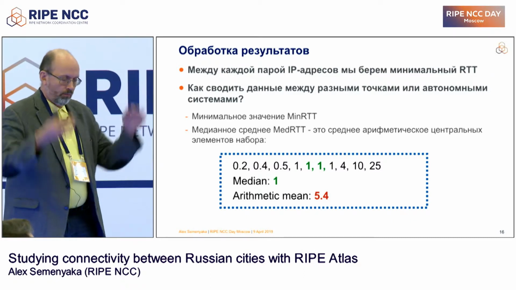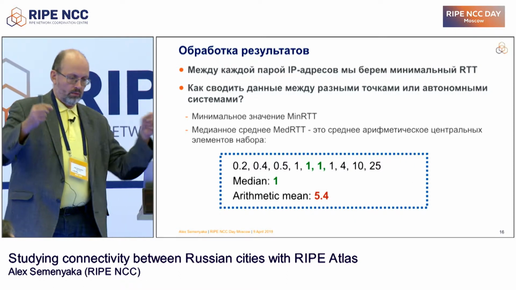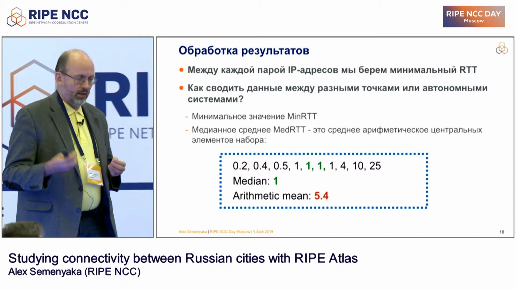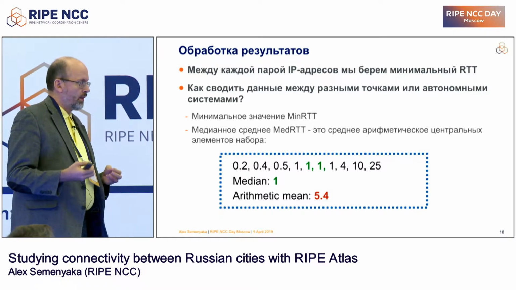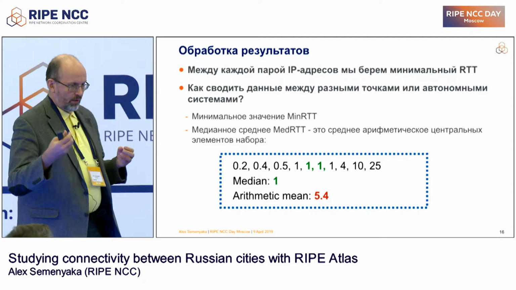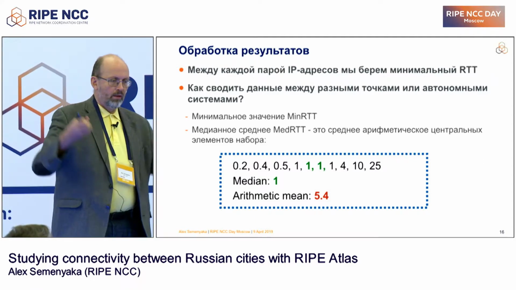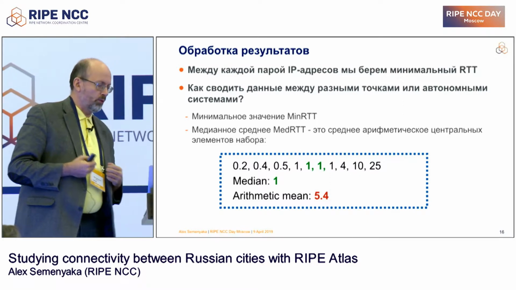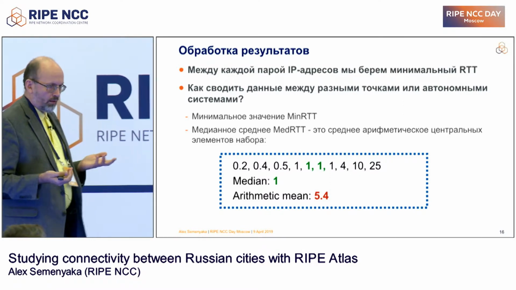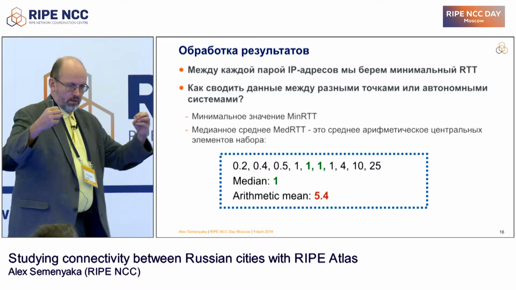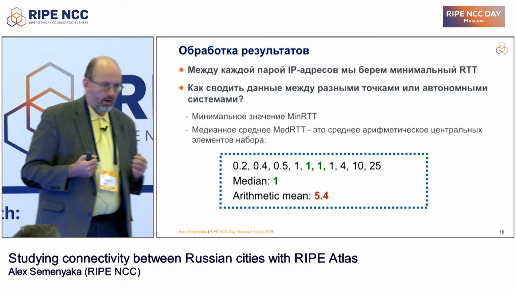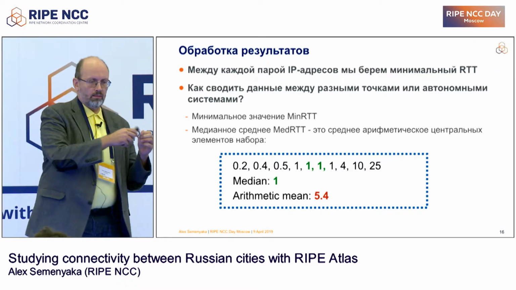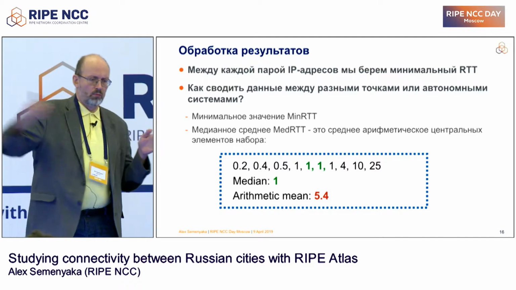We don't have time to go into the details, but when we collected all the results and got minimal results for every pair of IP addresses, we wanted to understand the round-trip time between two groups of addresses. We wanted the statistics. So I selected the minimal value between those two groups and the median value for those two groups as two statistical values. Median is not the same as average.